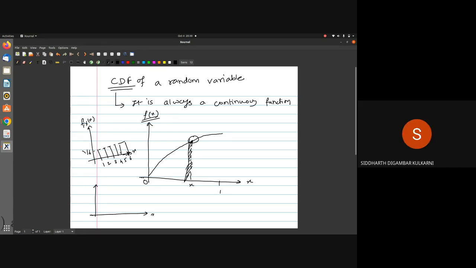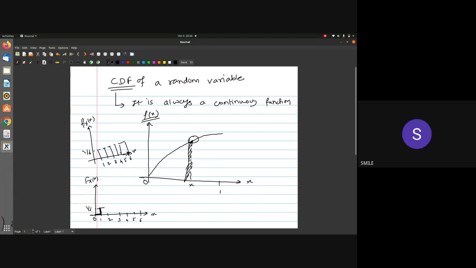It will be a step function, sir. At every step, the height of the step will be 1 by 6. From 0 to 1 it is 0, right? Then at 1 it will be 1 by 6, correct?